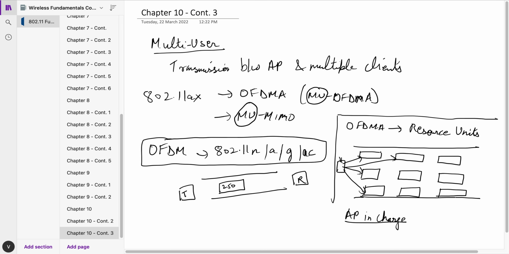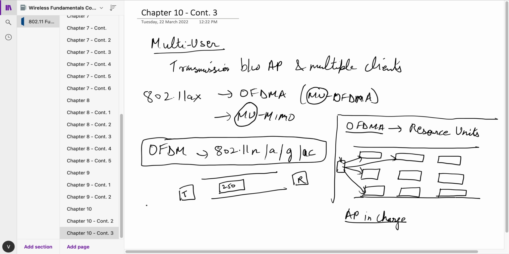So AP will be able to decide how many resource units to create, whom all to contact, and whom all to send data, and then how much power each transmission will be of. That is also monitored by the AP.